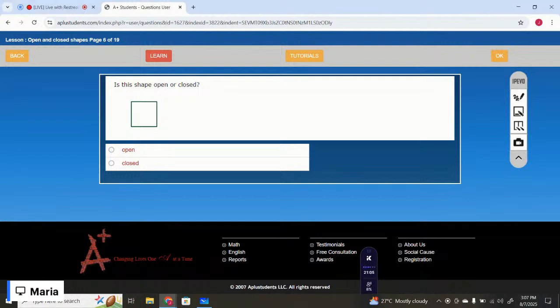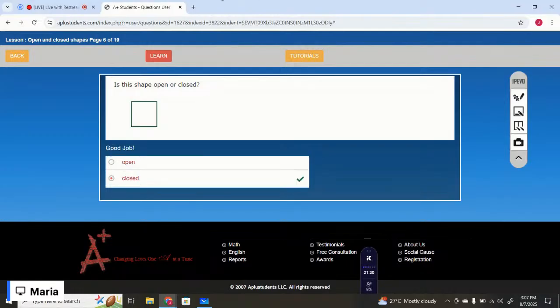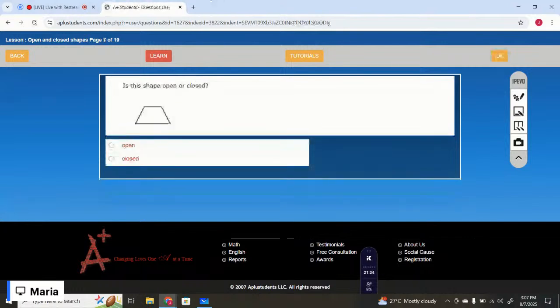Is the shape open or closed? Closed shape it is. Option number 2 is the correct option. Is the shape open or closed?